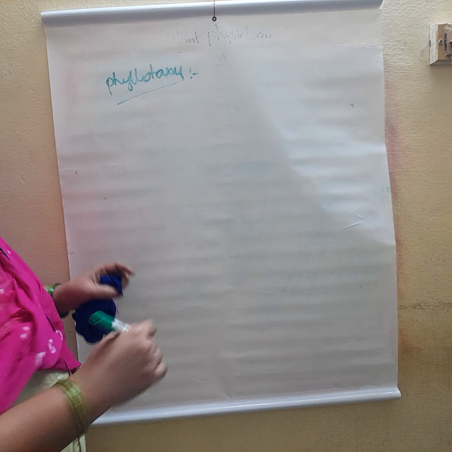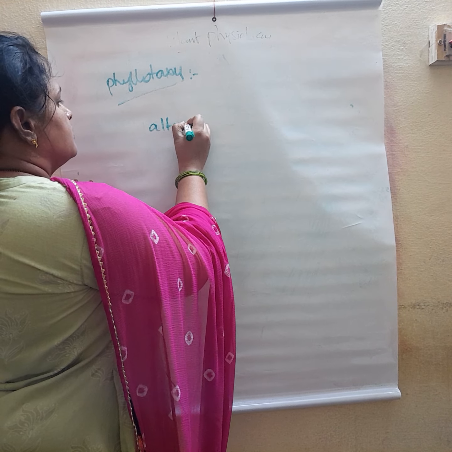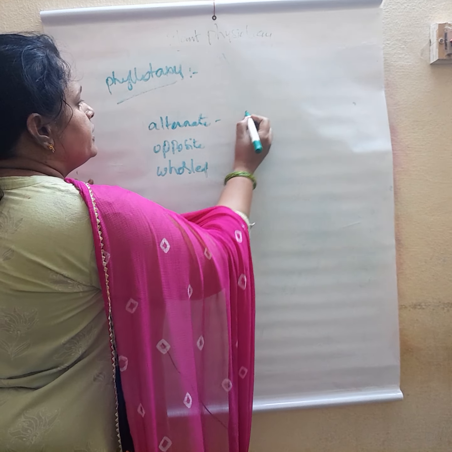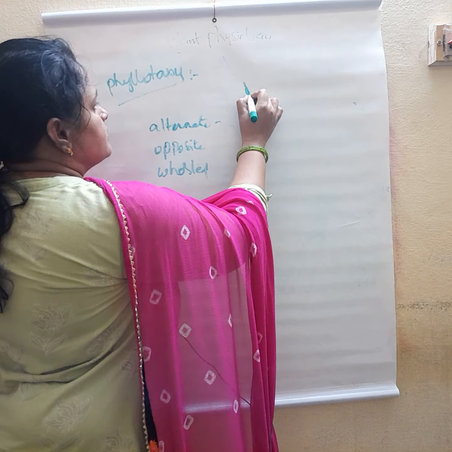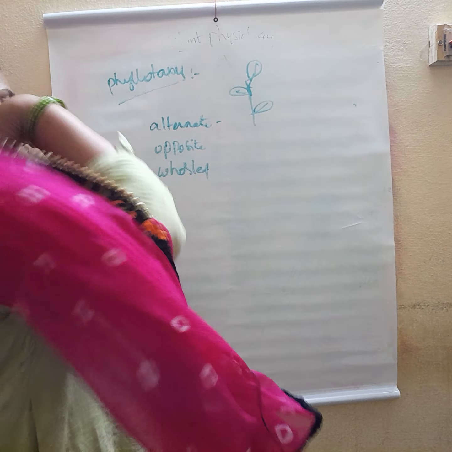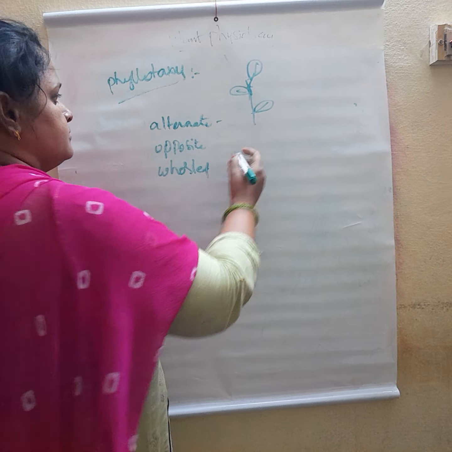Right? It may be alternate, opposite, or whorled. Alternate phyllotaxy means at one node only one leaf arises and they are alternate to one another. That is called alternate phyllotaxy.